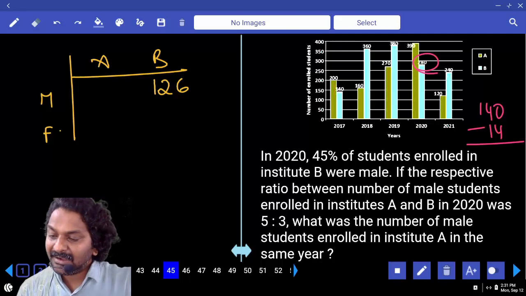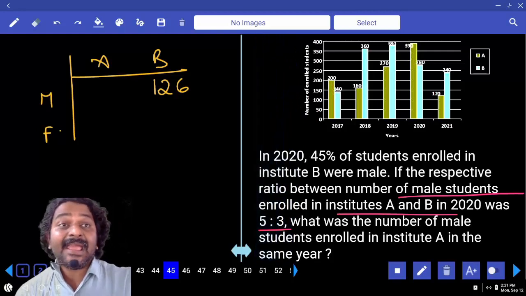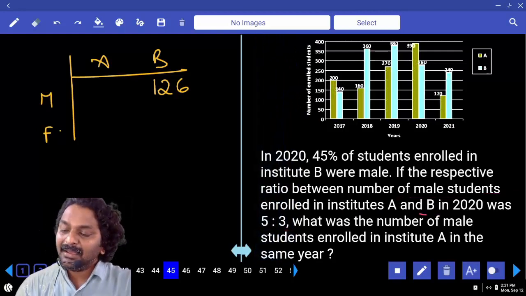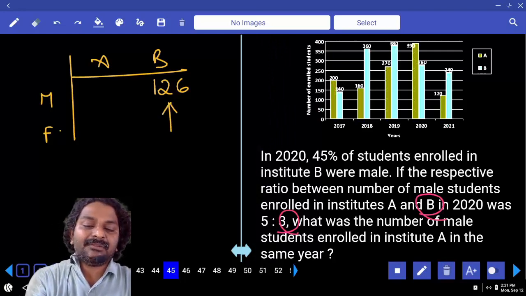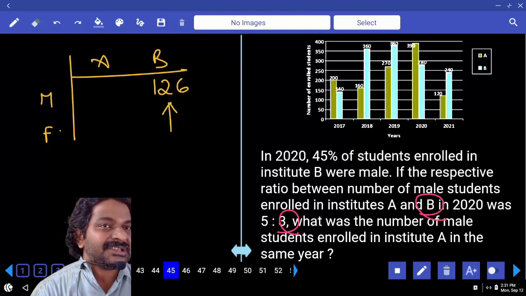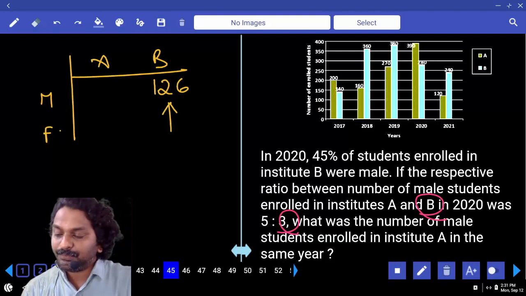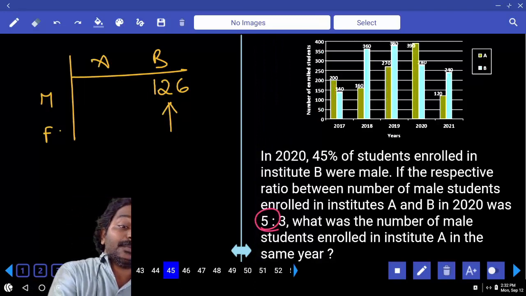126. Now, 5:3 is the ratio between male people in institutes A and B. B, how many parts we have? 3 parts is equal to 126 only. Then 1 part is equal to 126 divided by 3. How much is that? 42. Then in A we have 5 parts only. 5 into 42 is 210.